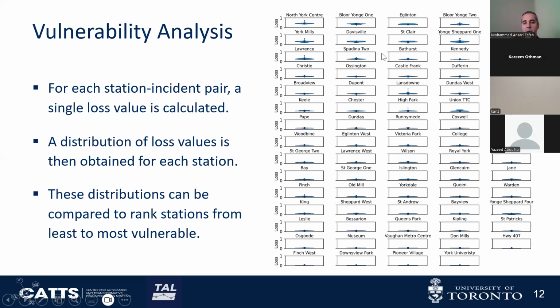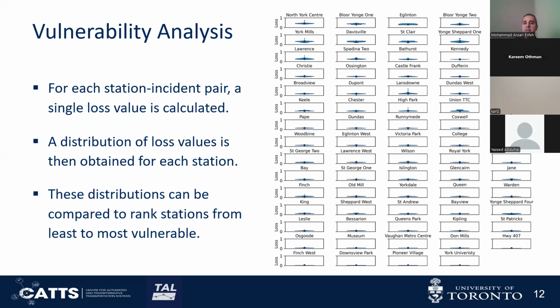Here we have individual plots for every station in the network. In these plots, higher violins mean that is where most of the performance losses lie. So higher violins mean that incidents at that specific station cause more performance loss to the network.